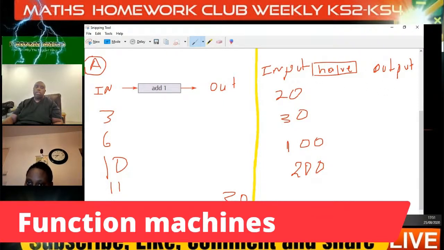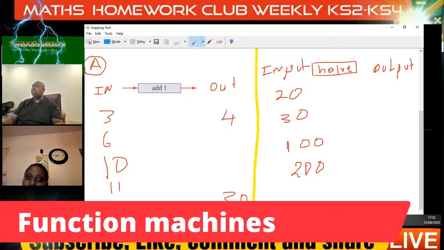Okay, right. Have you finished the first one? Yeah. Okay, tell me the output, please. What's the output? What goes there for the first one? 3 add 1 is what? 4.